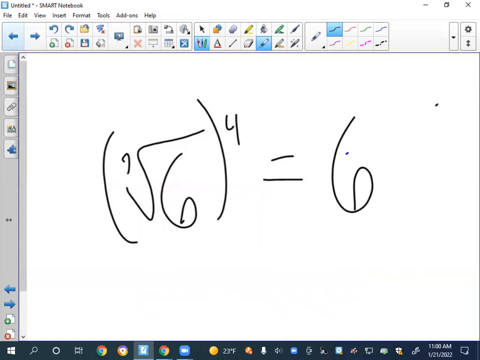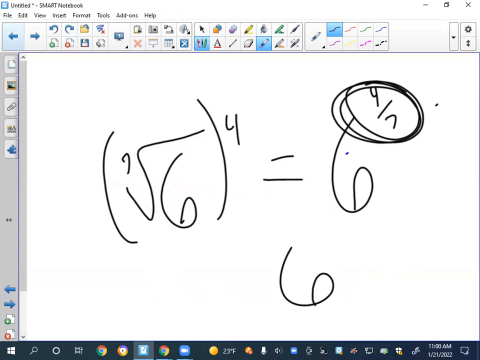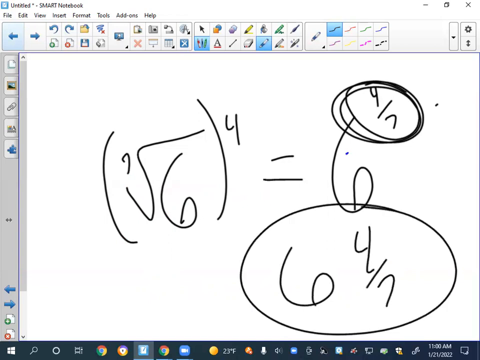What's your top number? 4. What's your bottom number? 7. Make sure you're not writing so ugly that it doesn't look like an exponent. Don't write 6 and 4/7 so it looks like a mixed number like you did back in 4th grade. Make sure that's literally an exponent up there and it looks pretty.